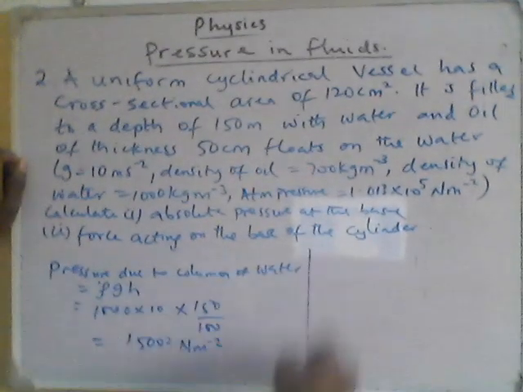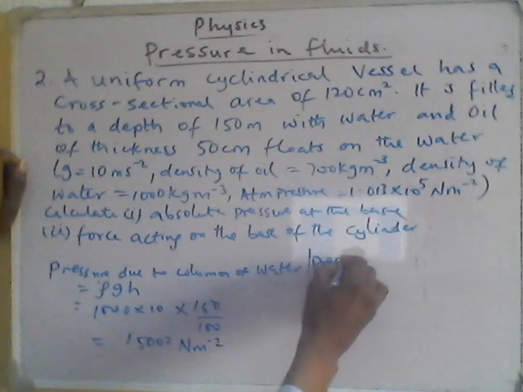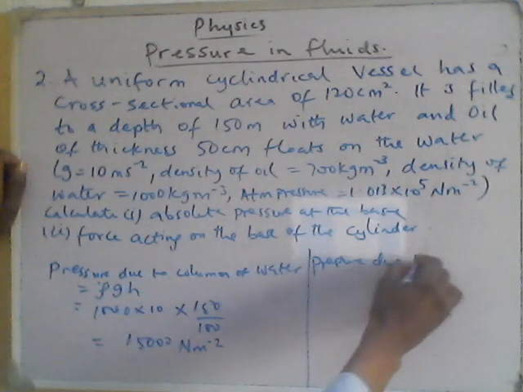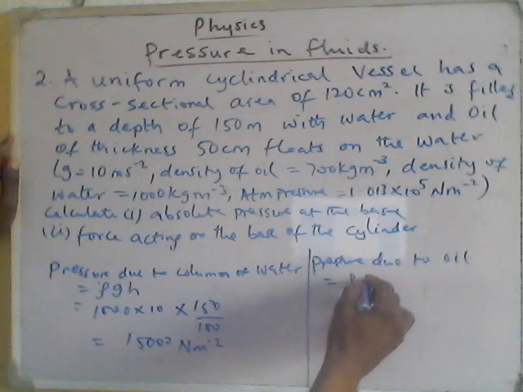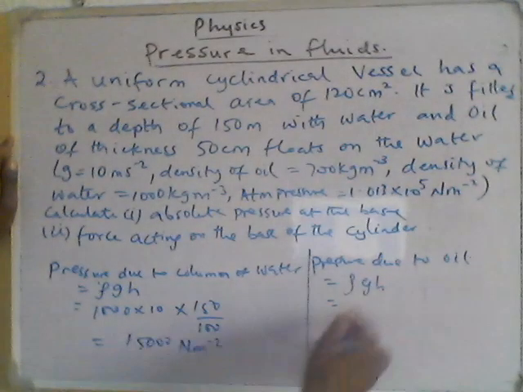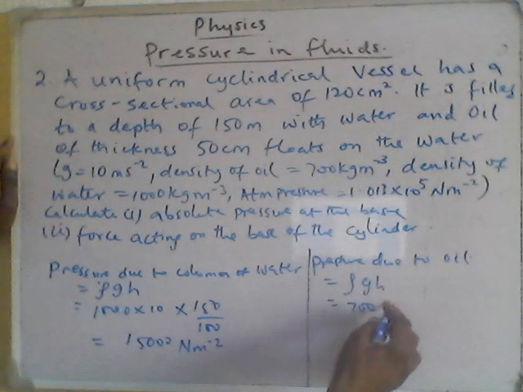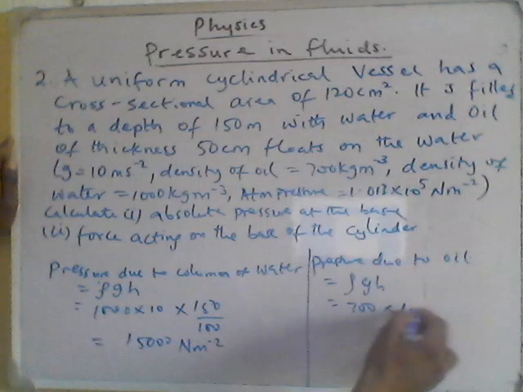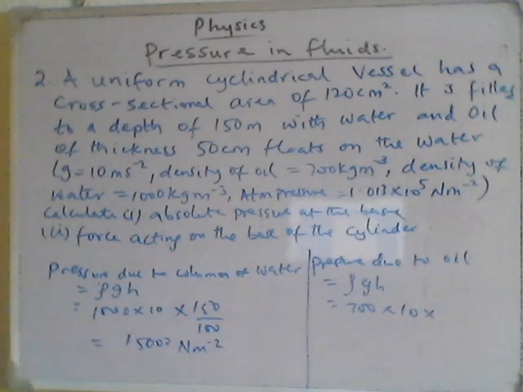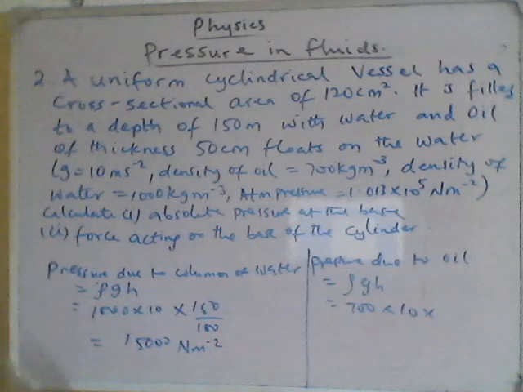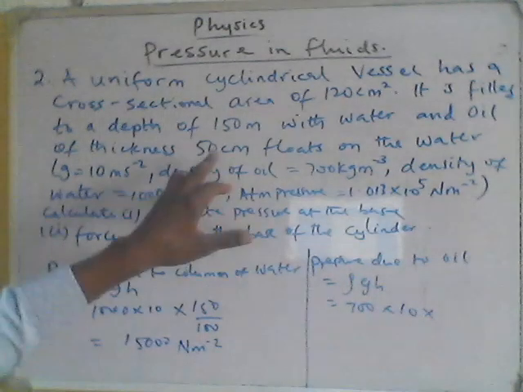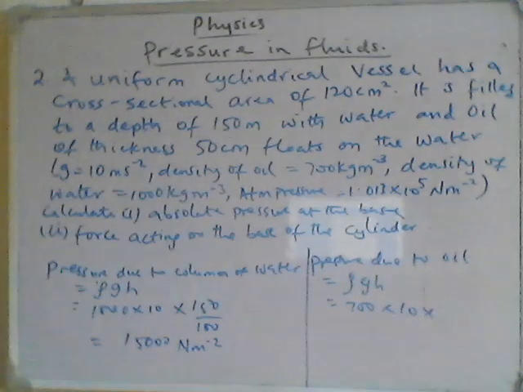The next one is pressure due to oil. So this is again density, gravity, height. Density of oil is 700 times gravity is 10, and times the height. Now the height is 50 cm.